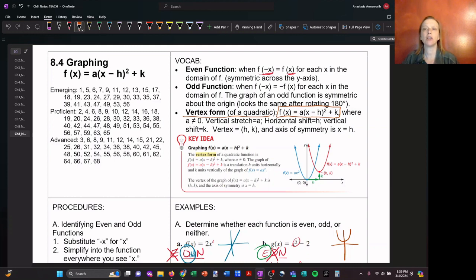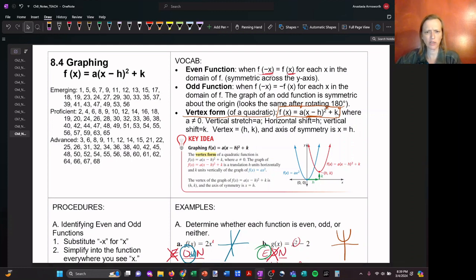We have some changes that happen to x before the function is applied, in parentheses, in this case, before we apply that squaring portion of the function. We have a multiplication factor. We have an addition or subtraction factor here at the end.